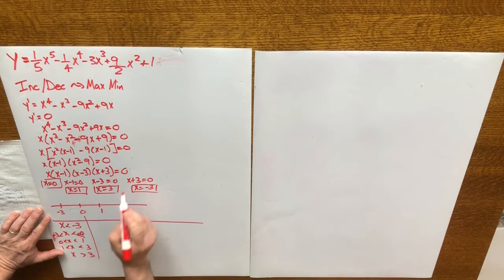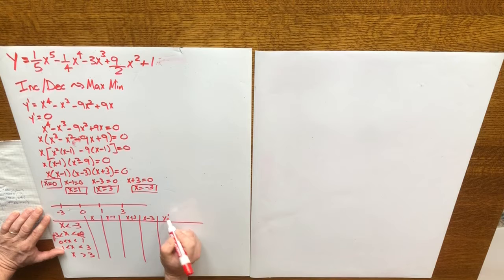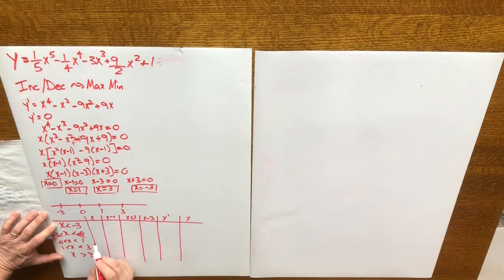Now we're going to list all of our factors. Let's make that one x plus 3 and then x minus 3. Y prime is the summary column, and then what does that suggest about the function y? So let's do it column by column here.